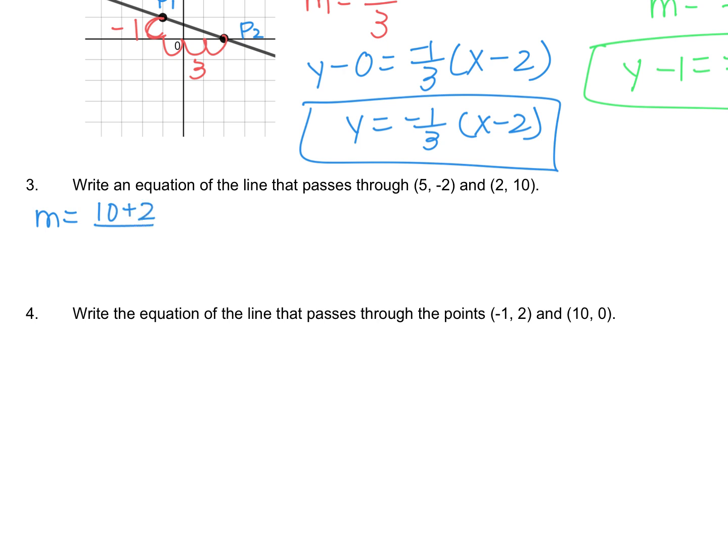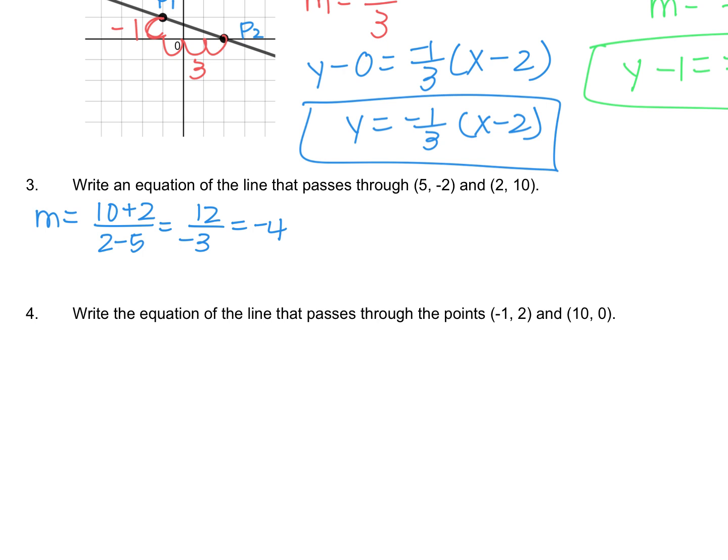Wait, so you mean y? y2 minus y1. Yes, I'm doing the slope. You said x. Oh, y2 minus y1, and then x2 minus x1, so 2 minus 5. So I've got 12 over -3, which is -4. Good.